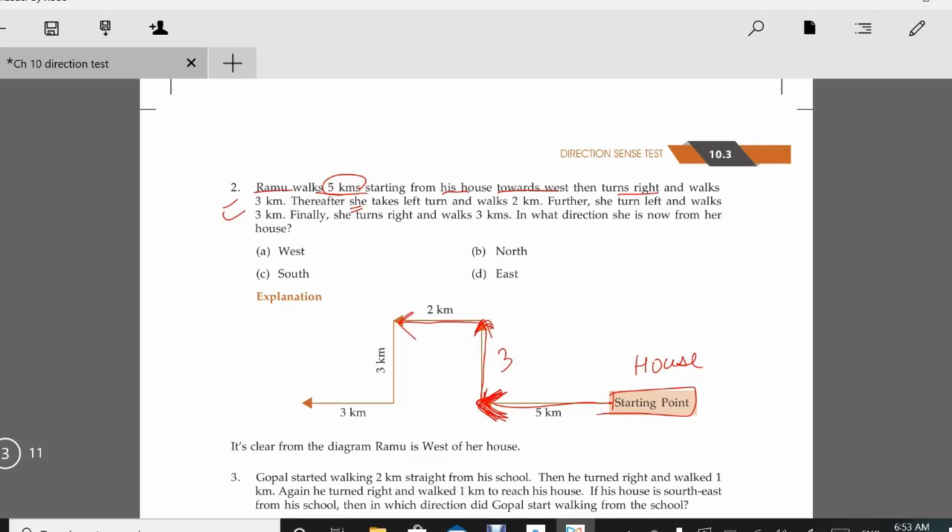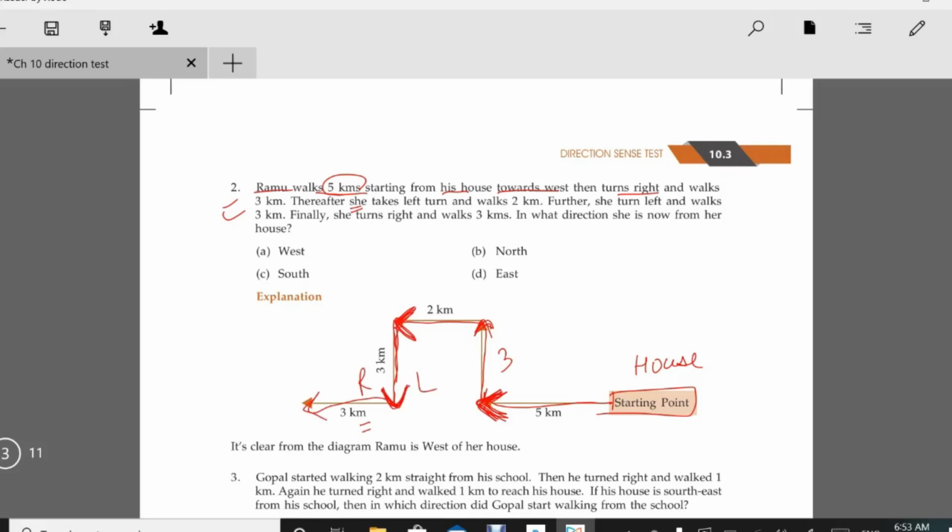Further, she turns left. Again, if she's standing like this, her left will be here. And walks 3 kilometers. Finally, she turns right. So, if she's facing here, what is her right going to be? Here. This is left. So, she turns right and walks 3 kilometers.